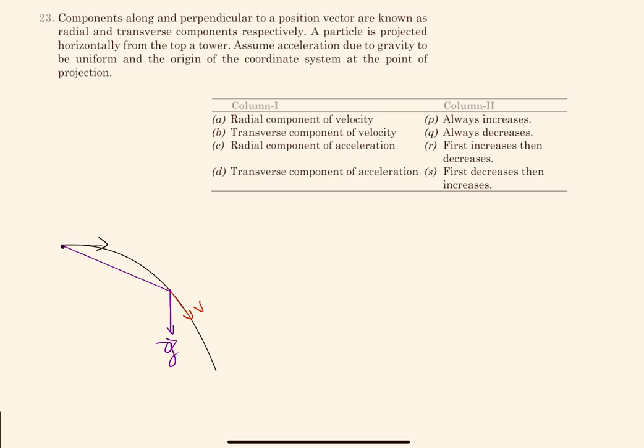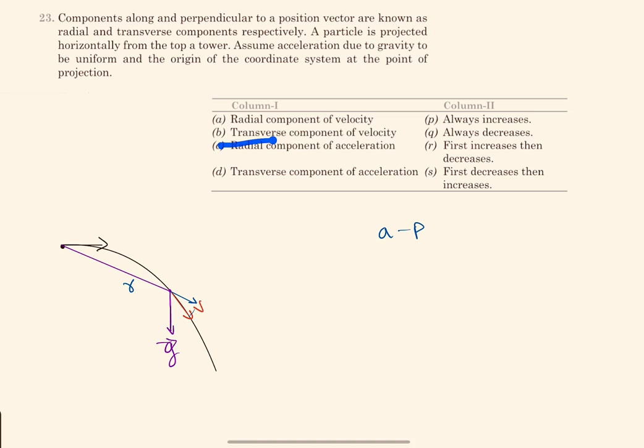Now the radial component of velocity will be the velocity component which is along r. So it will be this component of velocity which is along r. So what will happen to that? You can see g has a positive component in that direction. That means that component will always increase. So for A, it should be P.